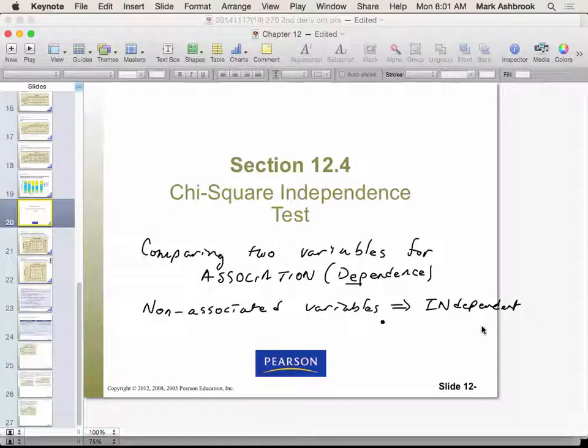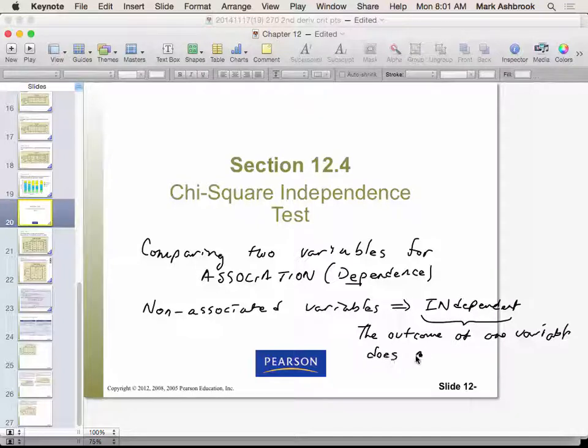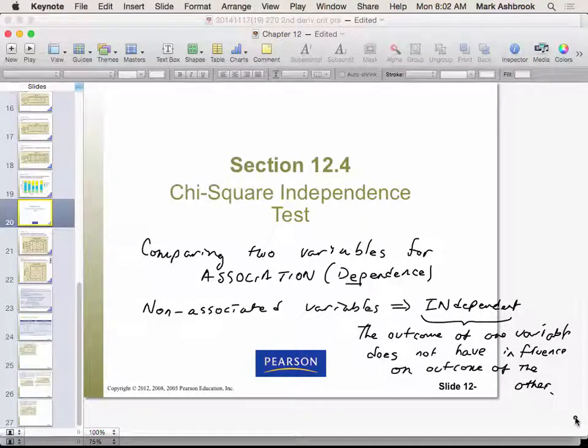That's what independence is. So if they're dependent and associated, knowing what one is will influence what the other would be.